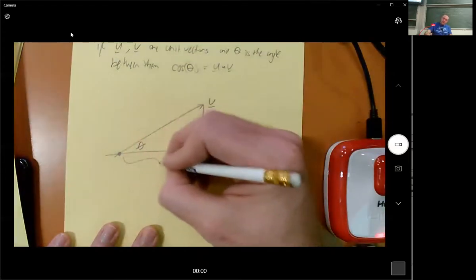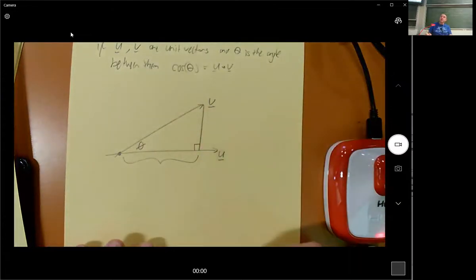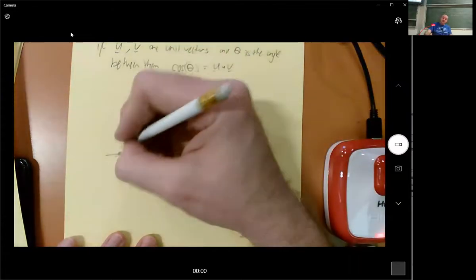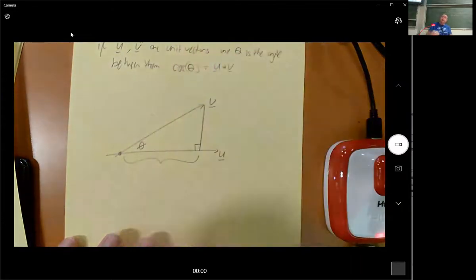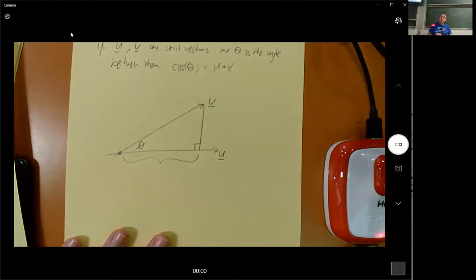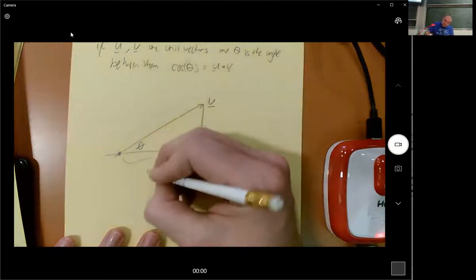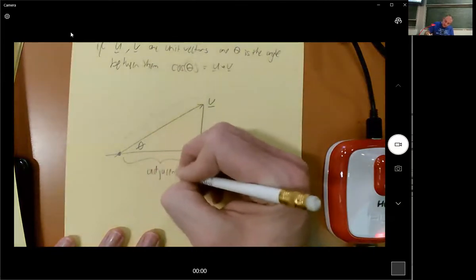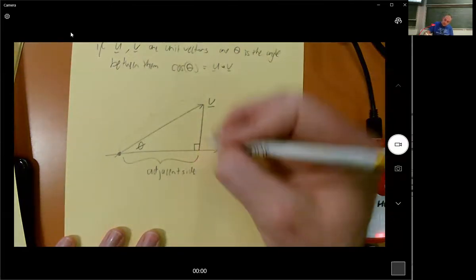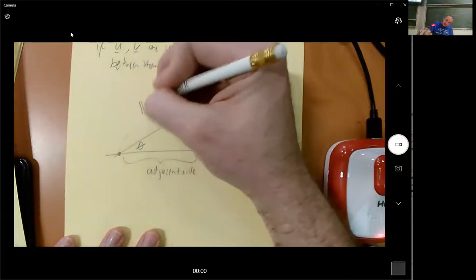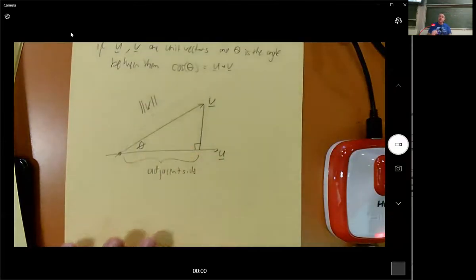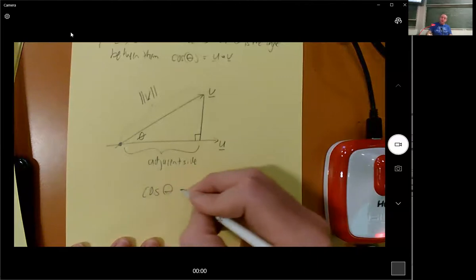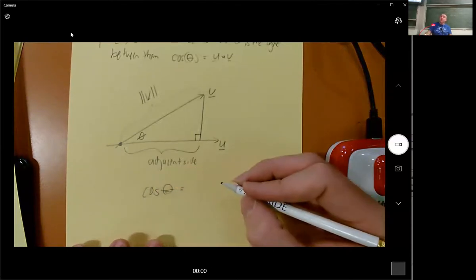So this length here is the adjacent side, and this length here, the length of v, is the hypotenuse. So cos of theta will be the adjacent side divided by the hypotenuse, right?